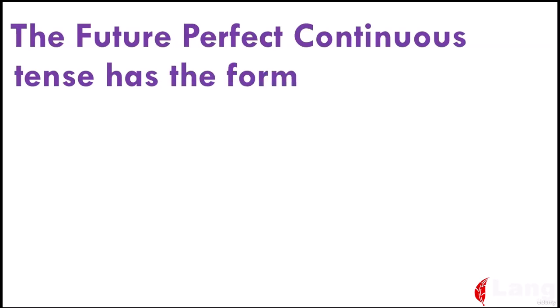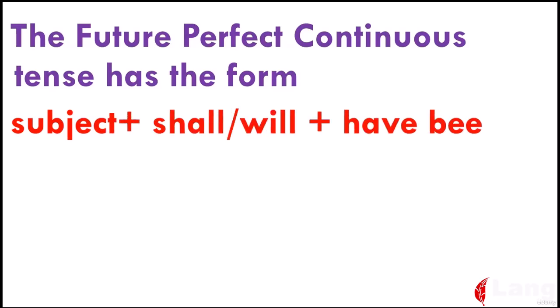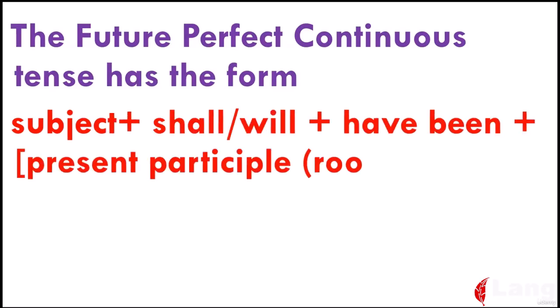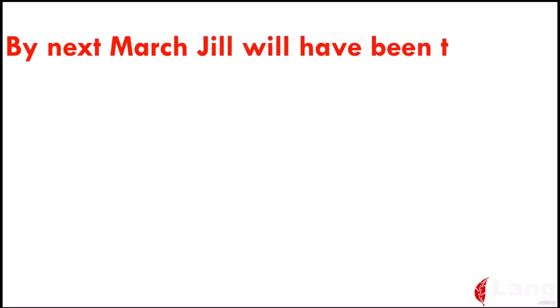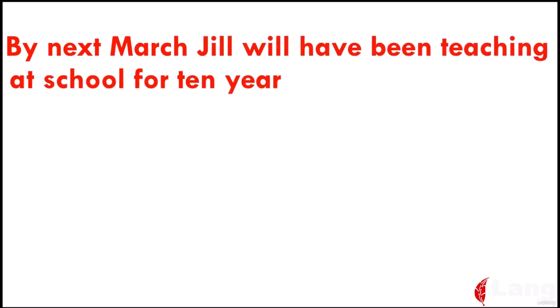The future perfect continuous tense has the form subject plus shall or will plus have been plus present participle, which is the root form of the verb plus ing. Examples: by next March, Jill will have been teaching at school for 10 years.